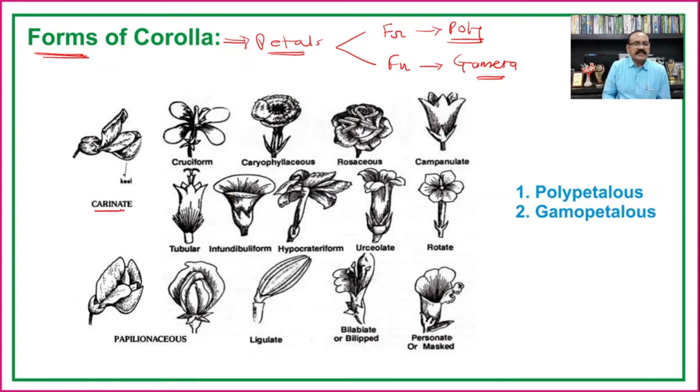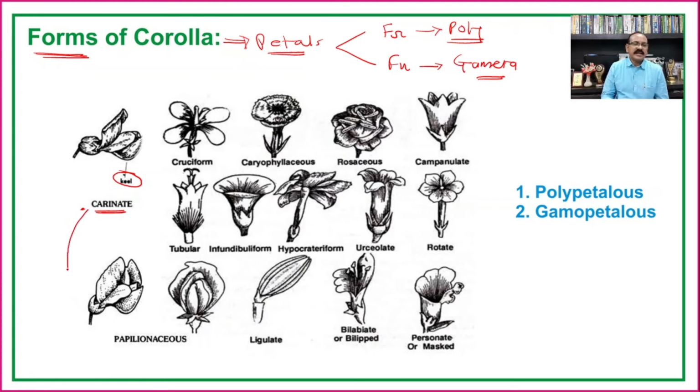Here, that is carinate type of the corolla. When the petal possesses the keel or the two fused petals, then that type of the corolla is known as carinate type of the shape or the corolla.